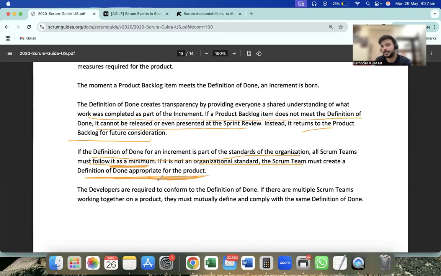Then it will be an increment and can be reviewed at the sprint review. The developers are required to conform to the definition of done. If multiple Scrum teams are working on the product, they must mutually define and comply with the same definition of done, because they are working towards the same product, right?